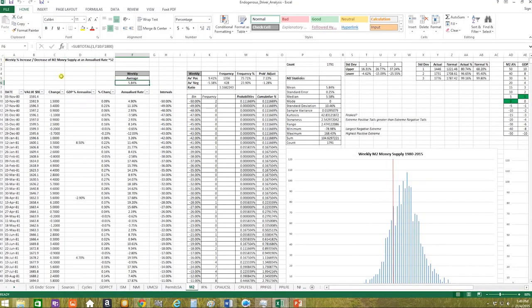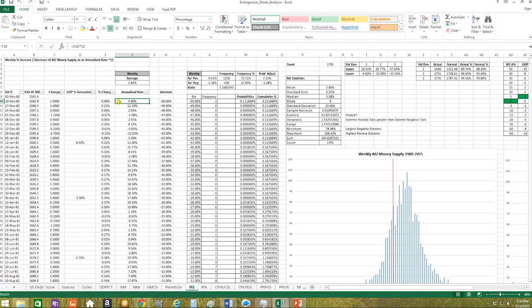We see that we have a weekly average of 5.84% increase in the weekly money supply. But when we look at this as a 5.84%, this is an annualized number. So you can see here the weekly percentage increases and decreases are actually very, very small.